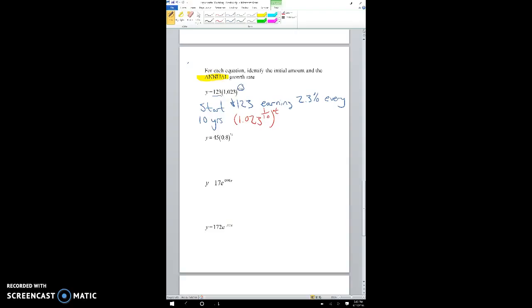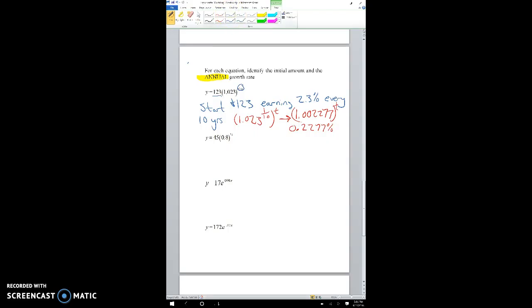So you're going to do 1.023 raised to the 1/10. When you do that, you get a growth factor of 1.002277 to the T. That means that the annual growth of this account, so not once every 10 years, but each year you're getting 0.2277% interest. So this is kind of a bad account.